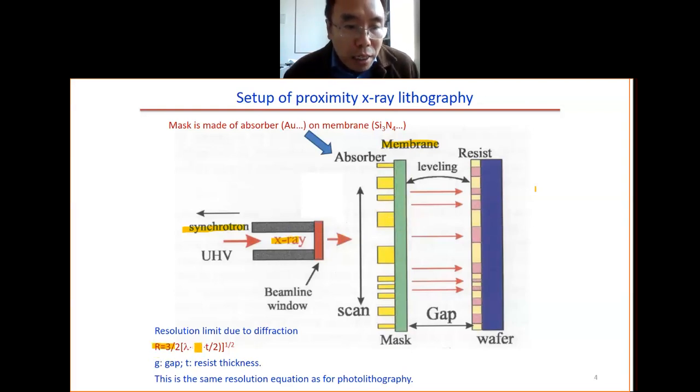So the resolution is the same formula here, roughly square root of lambda G, where G is the gap. But the difference is that very often the gap here is much smaller than the resist thickness. We can use millimeter thick resist, but the gap may be a few micrometers.